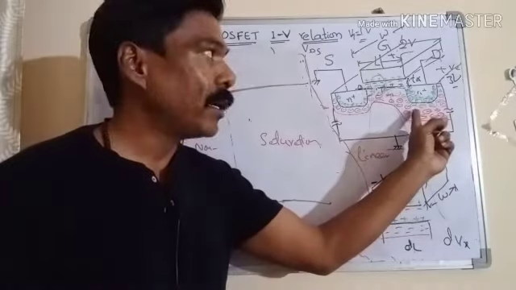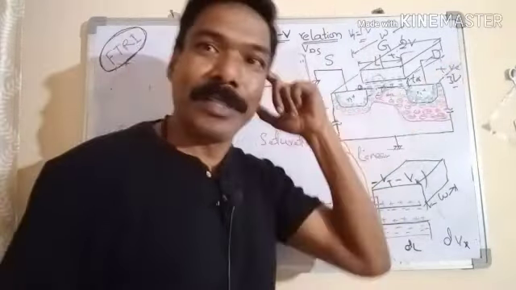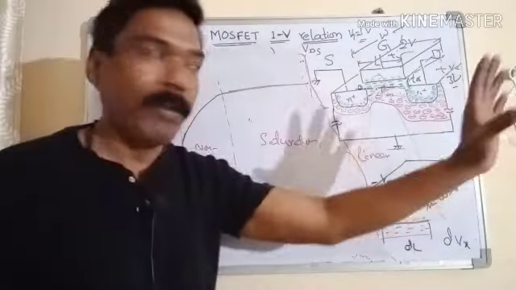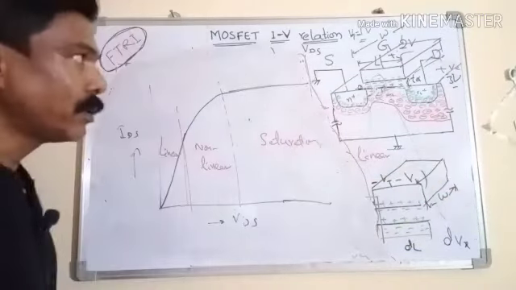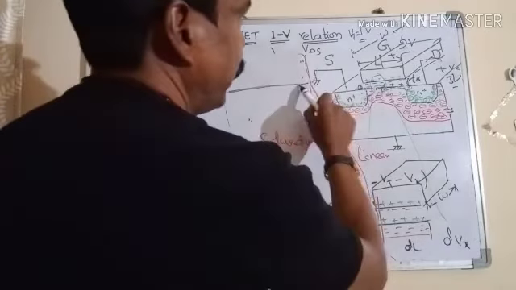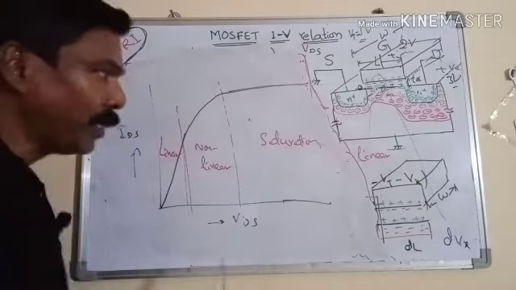It will cause some junction breakdown, and the current will suddenly shoot up. That's called the breakdown. It's not a permanent breakdown of the device, but it will increase the current all of a sudden. So that is the breakdown region. These are four regions of operation.